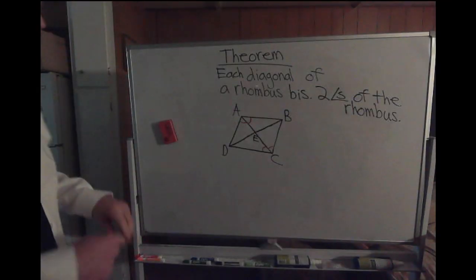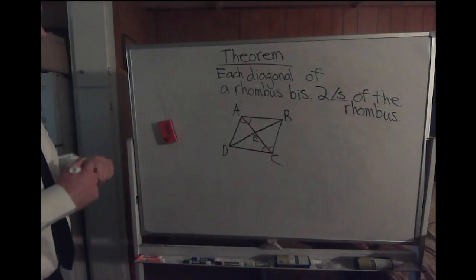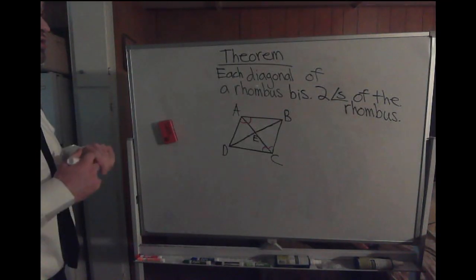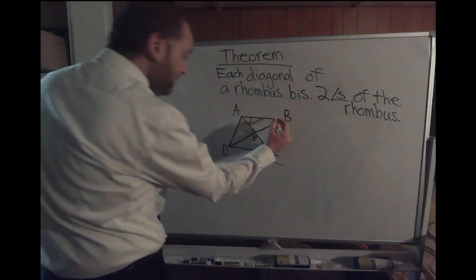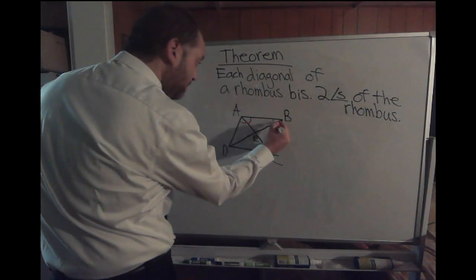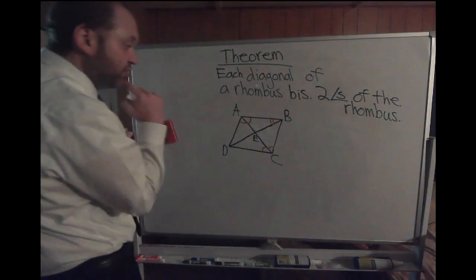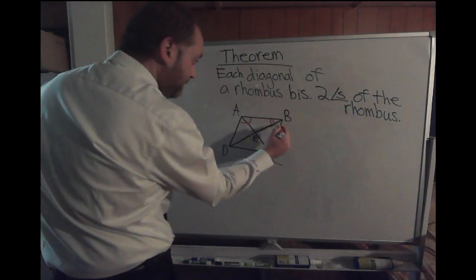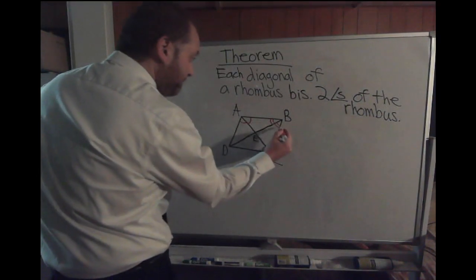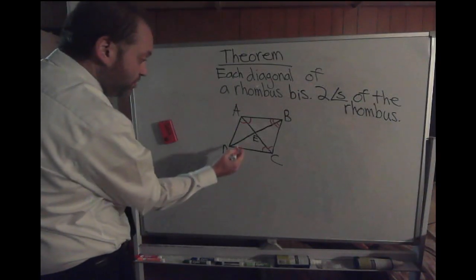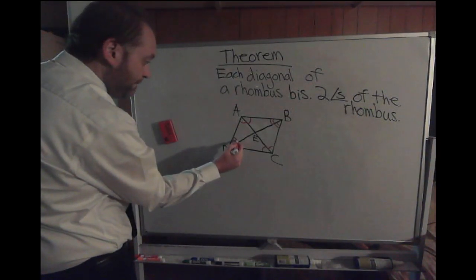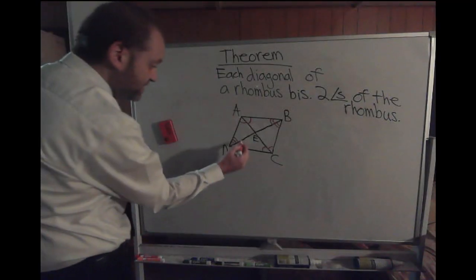And then, if each diagonal bisects two angles of the rhombus, that means angle ABE would be congruent to angle CBE, and then angle ADE would be congruent to angle CDE.